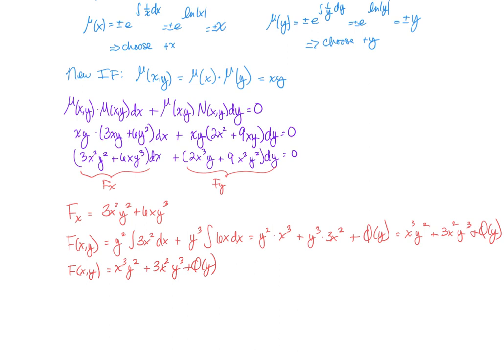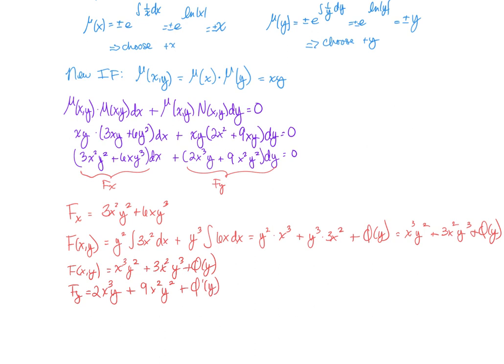Now we need to go back the other direction and take the partial of f with respect to y, which means x cubed is treated like a constant, so y squared would become 2y. So we'll put the 2 out in front of the x cubed, so 2x cubed y. Plus, well, the 3x squared is treated as a constant, so it would be 3 times 3 is 9, and the x squared stays, and the y goes down to a square. And we have phi prime of y.